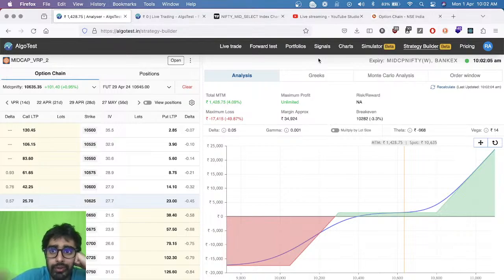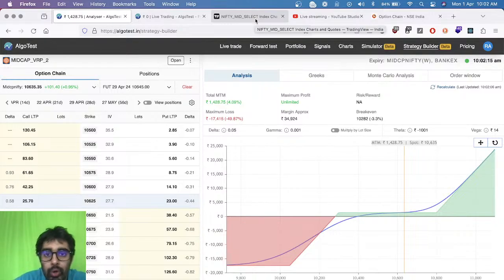I don't want to be in front of the market for the rest of the day, which is why I've closed out this position. There is going to be some expiry day volatility. I had blocked this time in the morning that I'll only be in front of the market from 9:30 to 10 a.m. And I was happy to take the volatility in mid-cap Nifty moving up and down during this time. But for the rest of the day, I have other things to do.